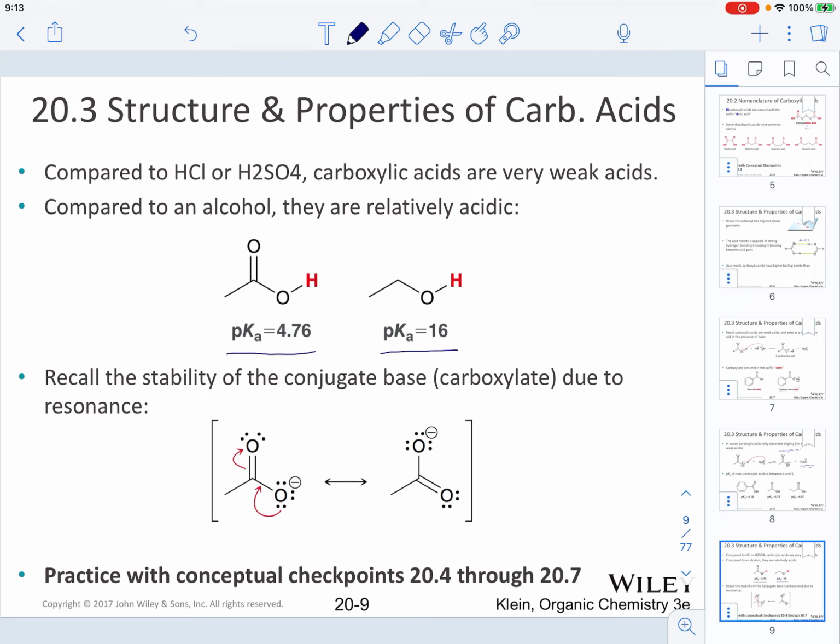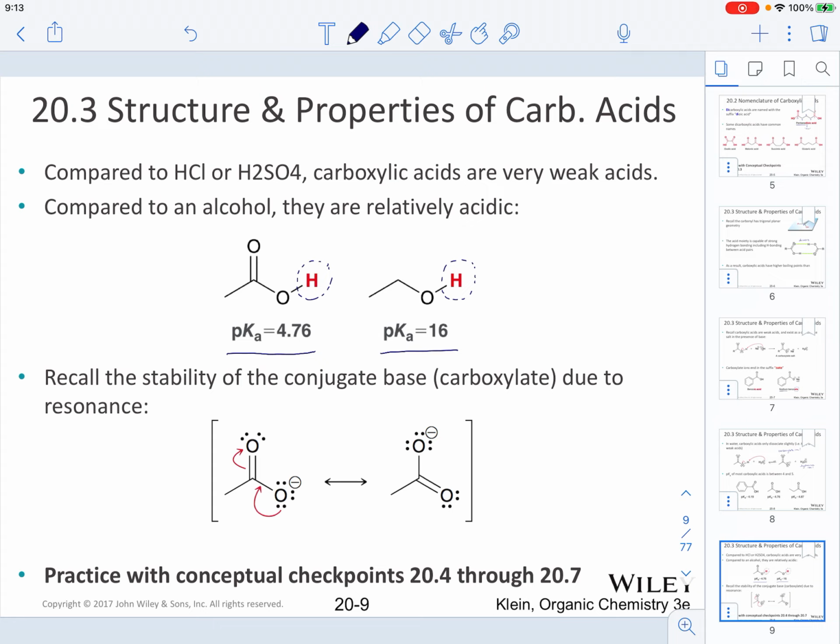So what does this imply? That when we have a carboxylic acid, it is going to be more willing to lose the proton that I'm circling in the dotted line compared to the alcohol. So if we compare it to a strong acid, they're going to be weak. If we compare it to an alcohol, they're going to be better acids than alcohols. If we think about it, where does the stabilization of that carboxylate ion that was created come from?